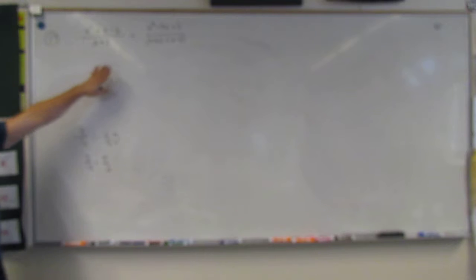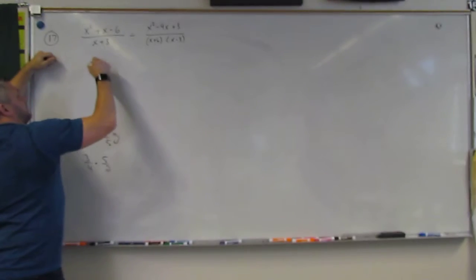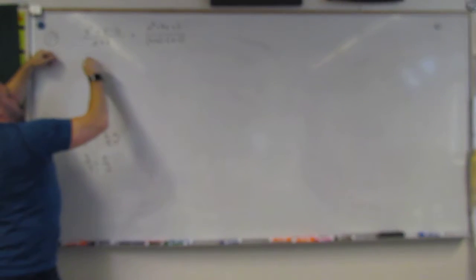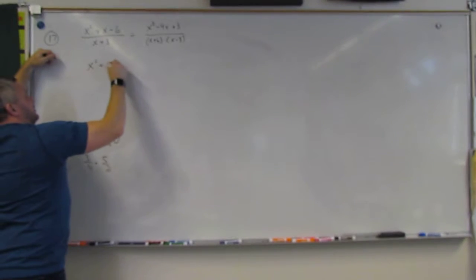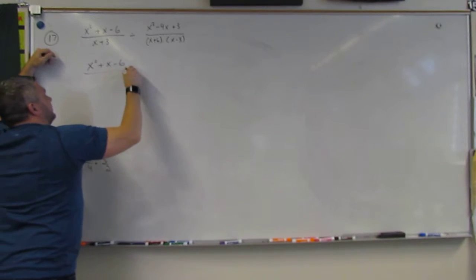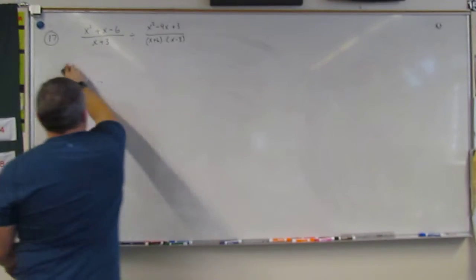So we're going to do the same thing up here. We're going to flip the second one, so this one doesn't get flipped. This is still x squared plus x minus 6 all over x plus 3. I'm going to bring that down just a little bit so it doesn't get confusing.